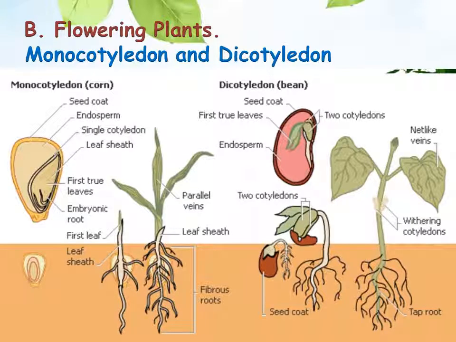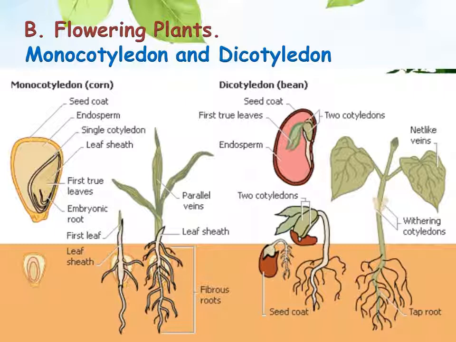B. Flowering plants. Monocotyledon and dicotyledon. Look at the difference between the monocotyledon. The example is corn. And the dicotyledon, the example is bean. Let's start talking about the monocotyledon. The corn has a seed coat, and the dicotyledon also has a seed coat.